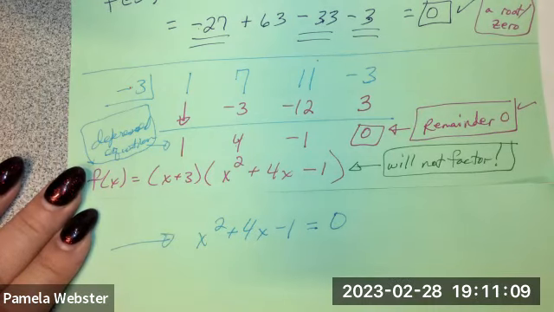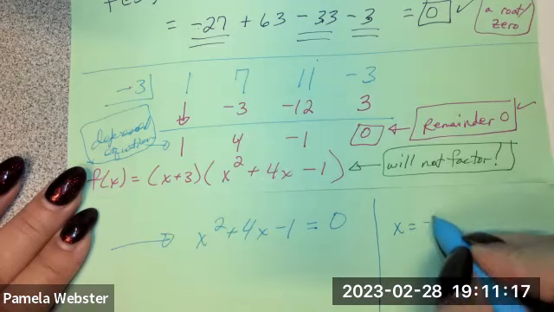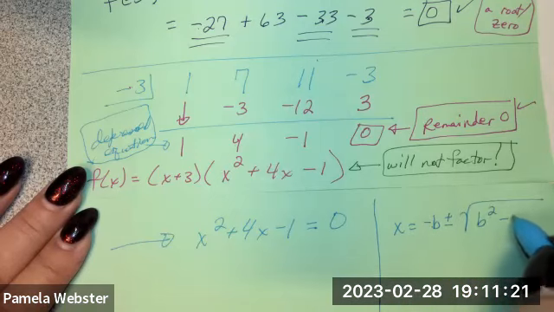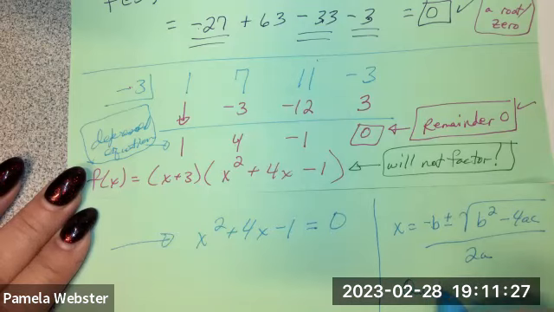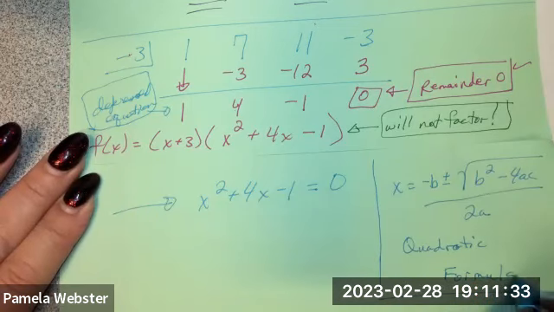Well, I can't factor him, so my other thing that I can do whenever I've got a quadratic is x equals -b plus or minus the square root of b squared minus 4ac all over 2a, right? That's my quadratic formula. Have that guy in your back pocket somewhere.